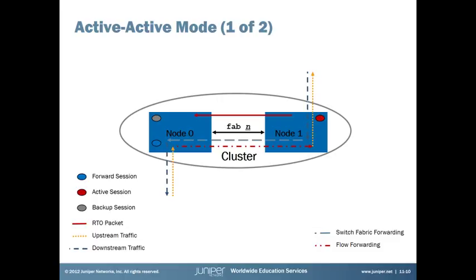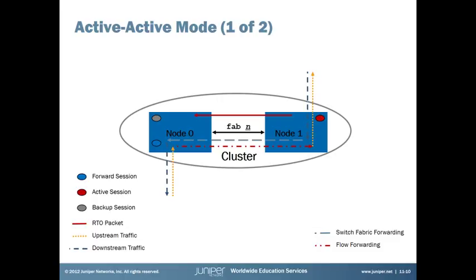But we've got a link already in place for that to occur, so that's part of the clustering configuration: to provide for our forwarding link. So we've got our switch fabric forwarding link in place for switching traffic.